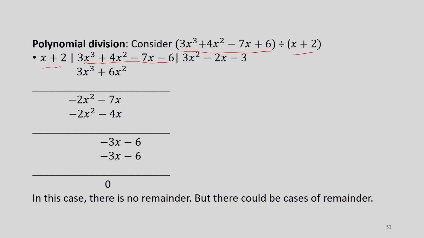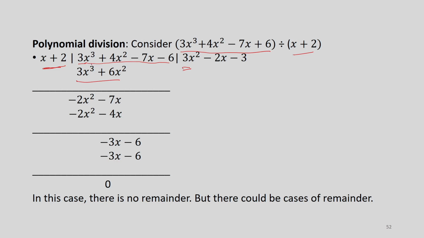So, the first thing I will look for is how can I make x similar to the first term here. The first term here is 3x cube. So, if I multiply x by 3x square, I get 3x cube. So, I write 3x square here. Now, 3x square is getting multiplied by this entire term, which is x plus 2. So, if I do that, I get 3x cube plus 6x square. So, that is coming here, and I do the subtraction.